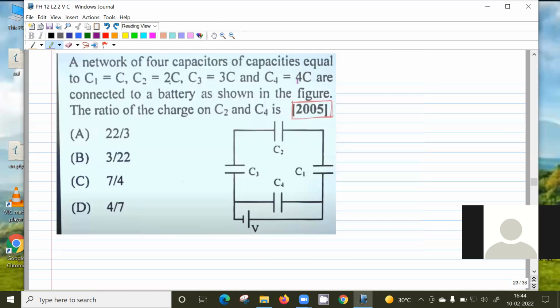Okay, this one, 4 capacitors. You have to find the ratio of the charge on C2 and C3.